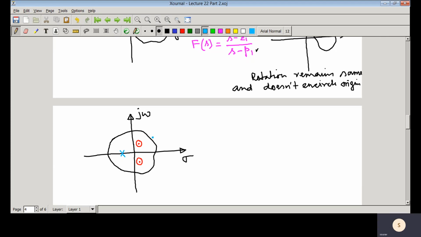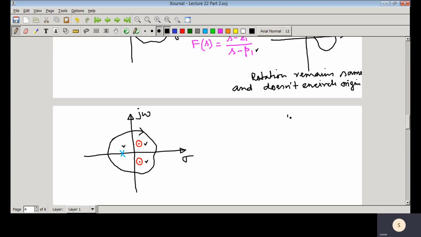Whenever we are considering that contour, the direction of rotation is very important, so do not forget to mention the direction of rotation. This zero will contribute 360, this zero will contribute 360, but this pole will contribute minus 360. So one 360 and another minus 360 effectively give 0. So we have one extra zero, that is plus 360.